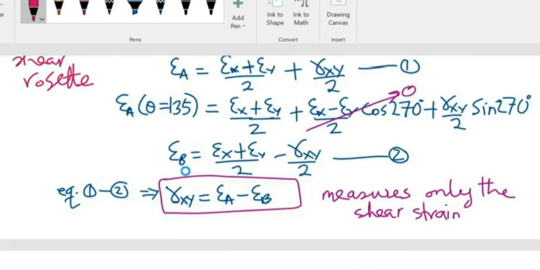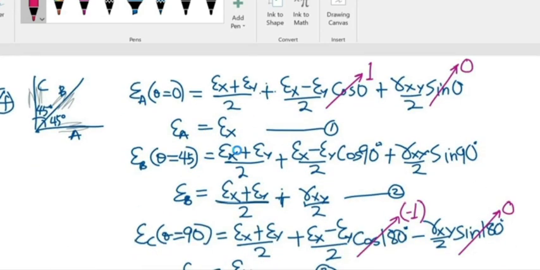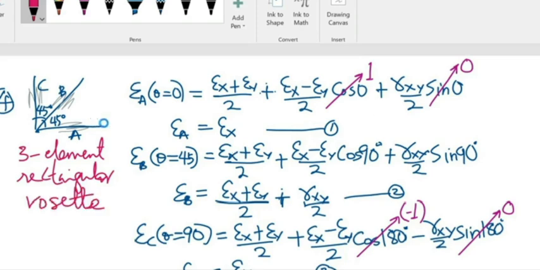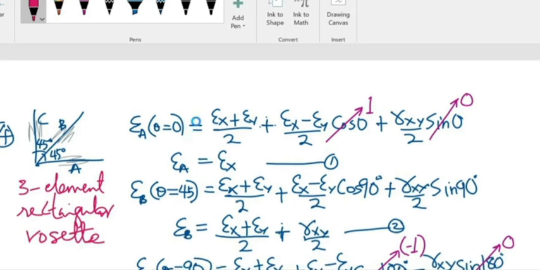Then the next one is called a two-element planar shear rosette. Then let's look at the rectangular rosette. That's a three-element rectangular rosette. Right. So similarly, we use the same way, using the general strain at a point. So for EA, if you look at the rectangular rosette, the first strain gauge is at 0. It is aligned at the 0 axis here, our origin 0 axis, so it means theta is equal to 0.